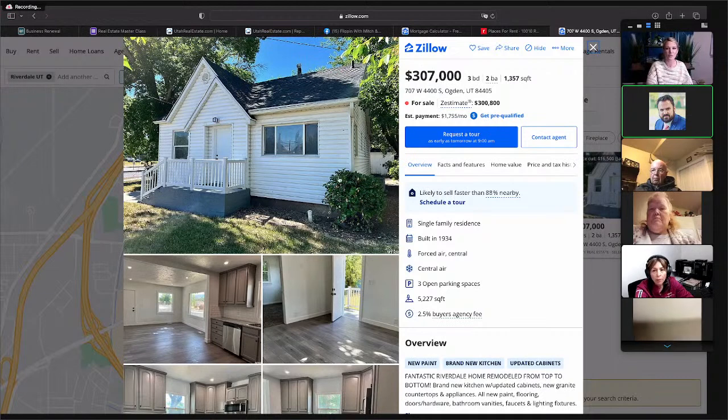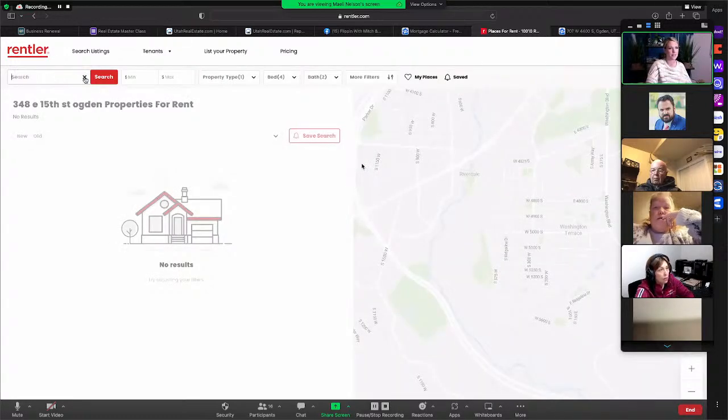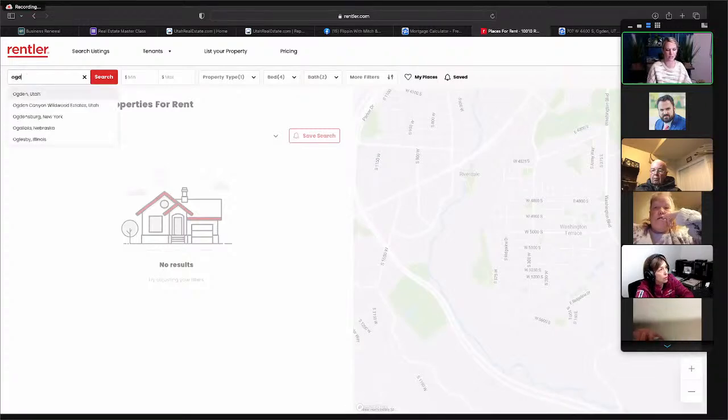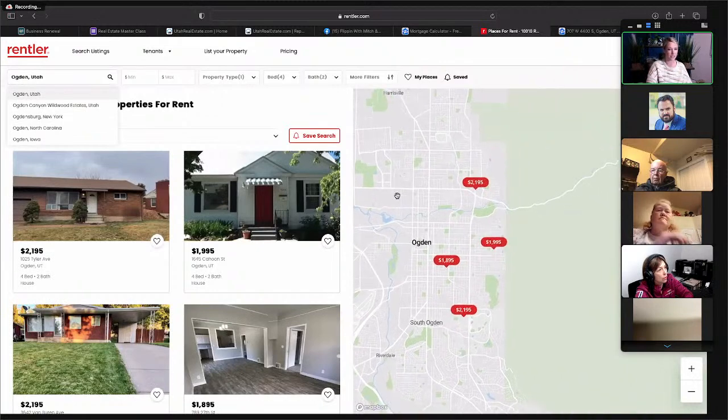Okay, so basically this is the first house that we're going to talk about. Things I want you to pull up for easy access, so you can flip back and forth: just in case, we're going to have to pull up Rentler. I wouldn't say Rentometer. Rentometer is one of those unfortunate scenarios where they don't allow you to use more than a little unless you subscribe, which is fine. You can subscribe.